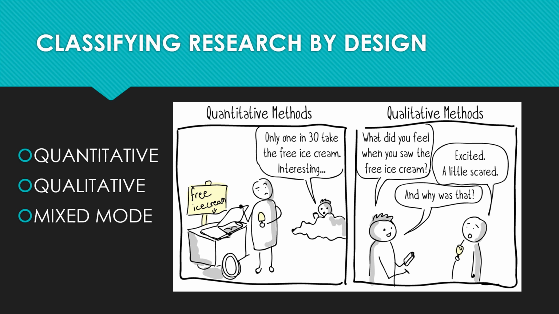For example, the dialogue here is only 1 in 30 take the free ice cream. So this is more on the quantity. But qualitative methods are more subjective. For example, in the figure, we talk about feeling: what did you feel when you saw the free ice cream? Excited, a little scared. So this is more subjective. While mixed mode is normally when we mix quantitative and qualitative.